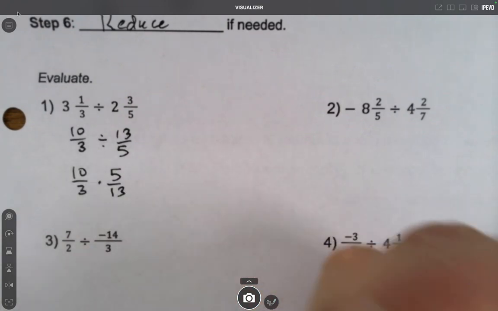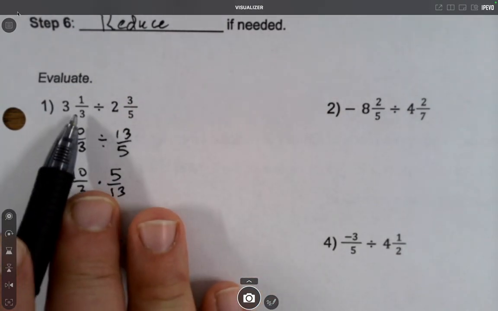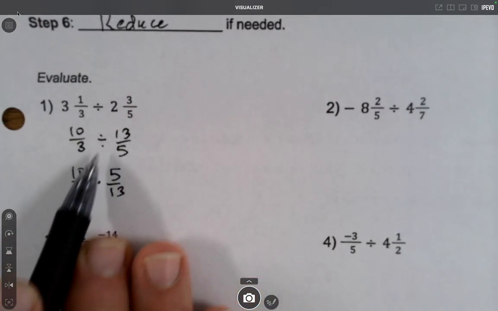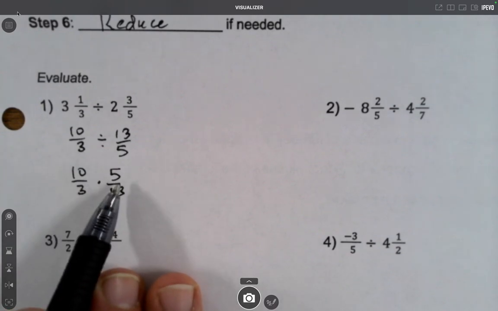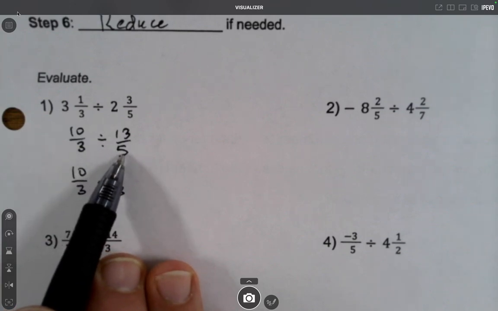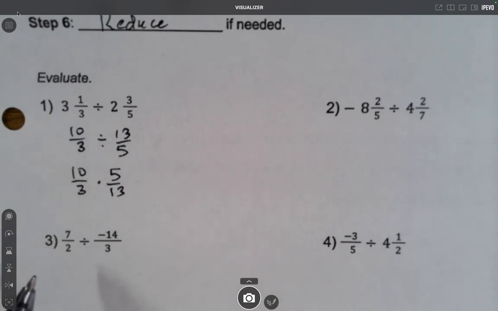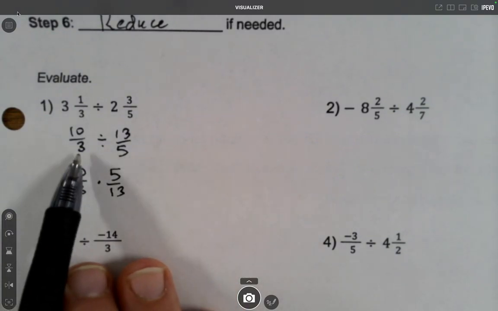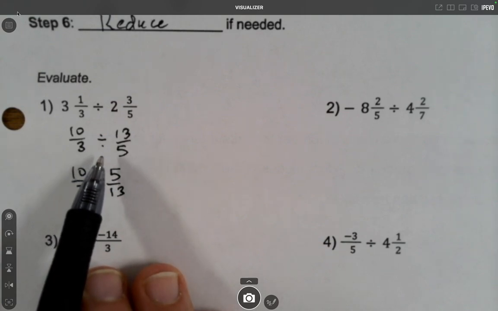So that's us doing step 2 right there. Step 1 was converting them into improper fractions. Step 2 was flipping the second fraction, because the only way to divide by a fraction is to multiply by its reciprocal.